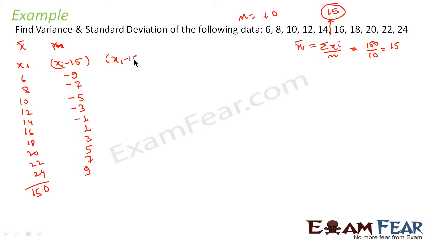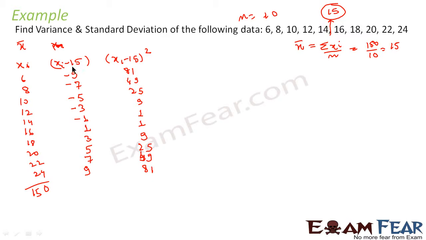The next step is to find the square of this, so xi minus 15 square. Minus 9 square is 81, minus 7 square is 49, minus 5 square is 25, minus 3 square is 9, minus 1 square is 1, 1 square is 1, 3 square is 9, 5 square is 25, 7 square is 49, and 9 square is 81.